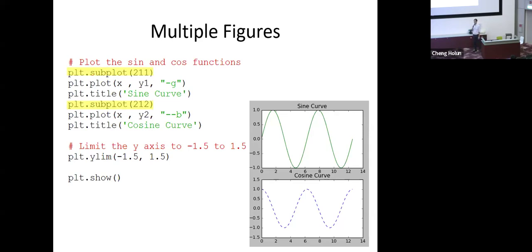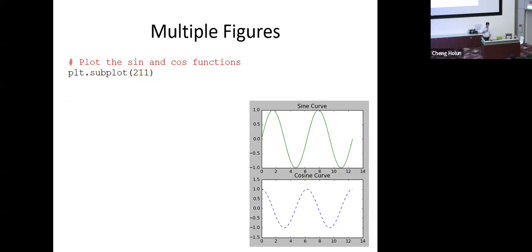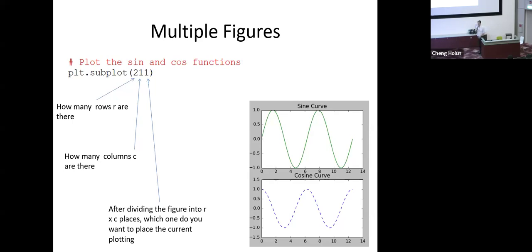You will put in 3 digits. The first digit is how many rows there are. The second digit is how many columns there are. So I will divide the space into 2 rows, 1 column. And the third digit is the current graph: which position do you want to put it in?